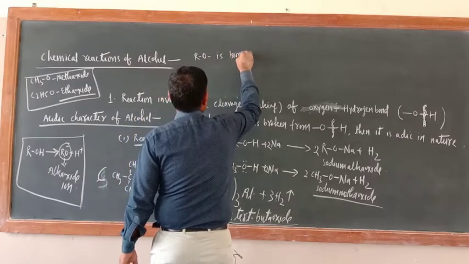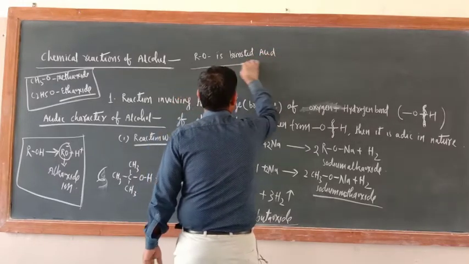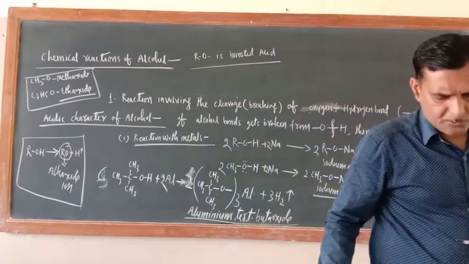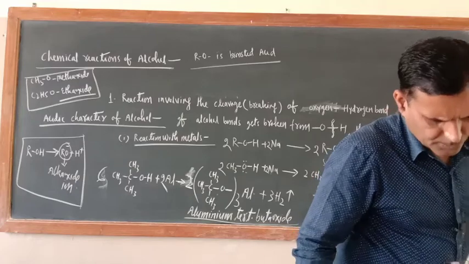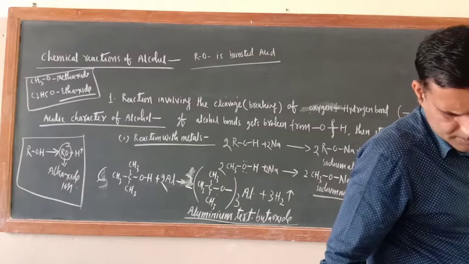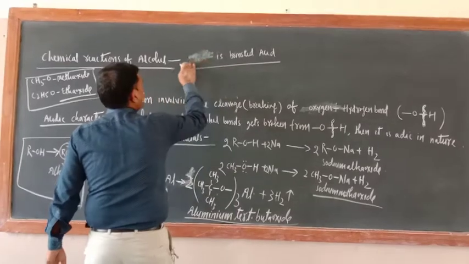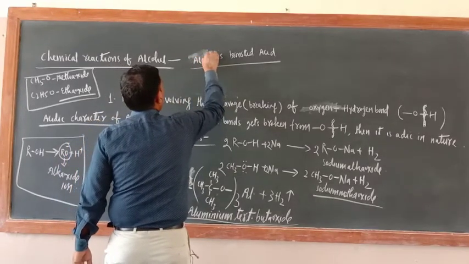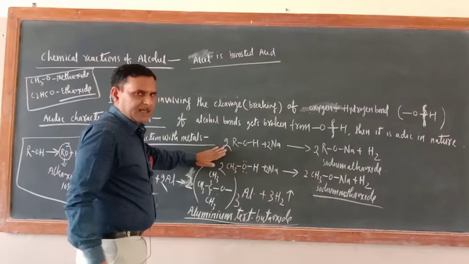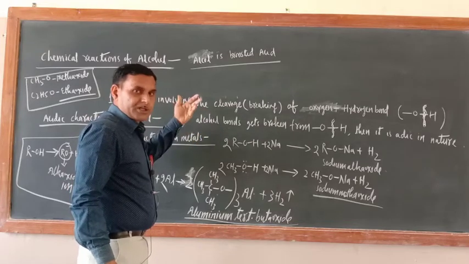Alkoxide, RO negative, is a Bronsted acid. What are Bronsted acid? Bronsted base and Bronsted acid. So just try to understand. This is alkoxide. Okay, alcohol is a Bronsted acid. Just see here, it is proved that alcohol is acidic in nature. So what kind of acid is it in the case of the Bronsted-Lowry concept?